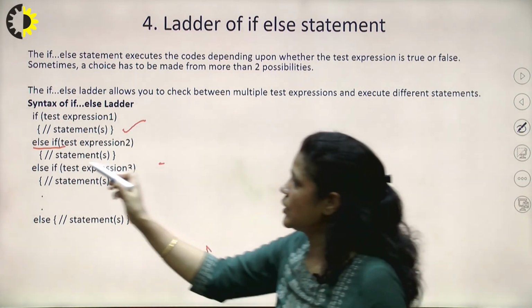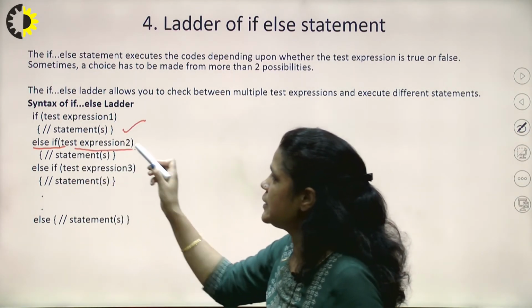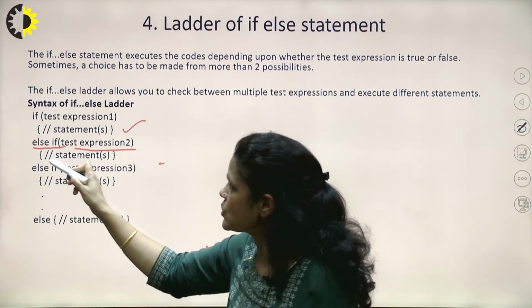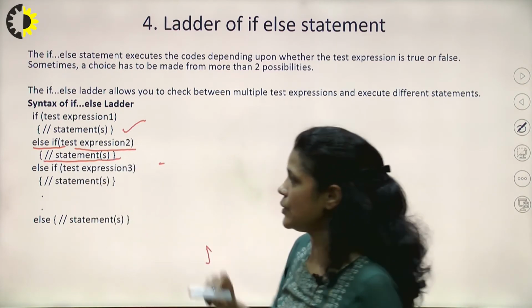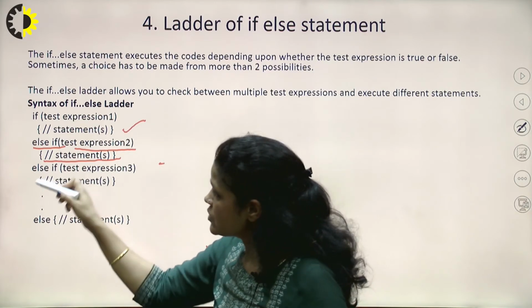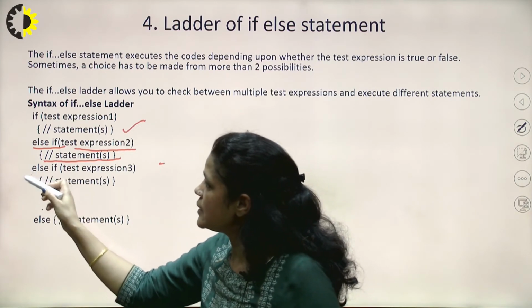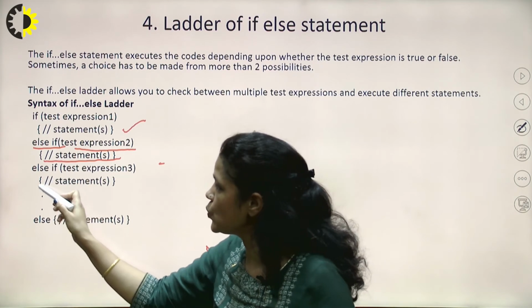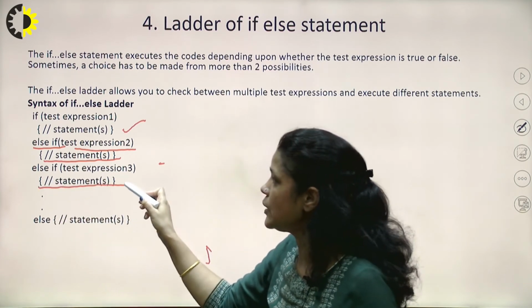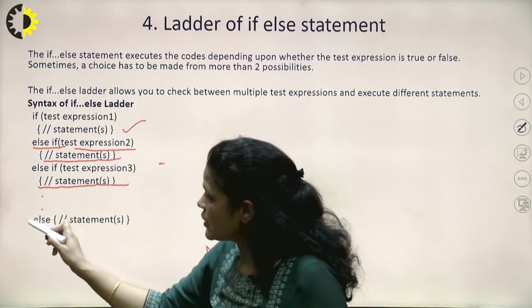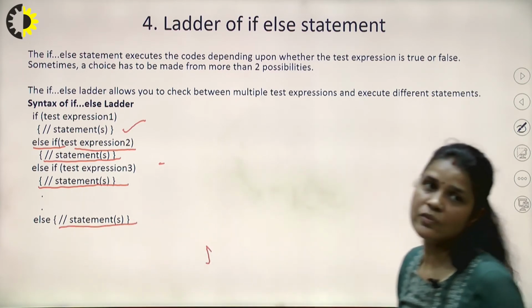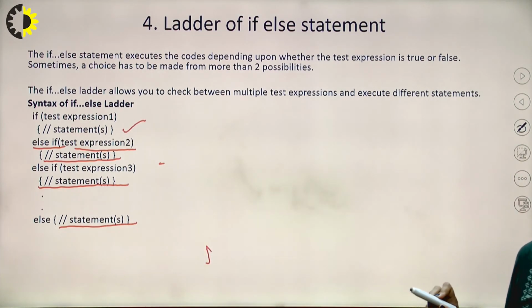So again we'll check else if, the second expression. If it is true, then the statement associated with this if will be executed. If it is false, we come to the next else if part and the next condition will be checked. If it is true, the statements will be executed. Otherwise we'll come to the else part and the statement associated with this else will be executed.